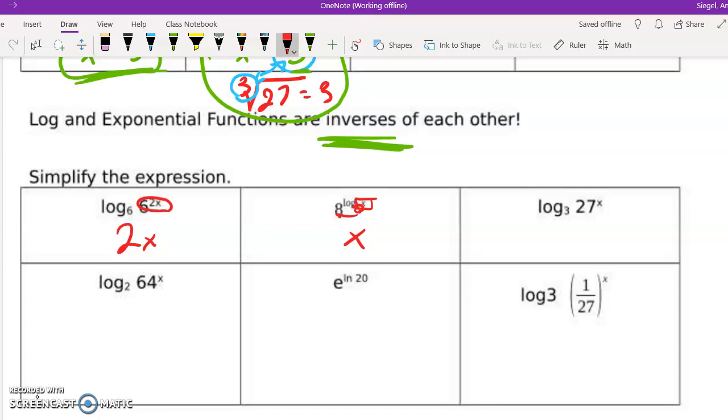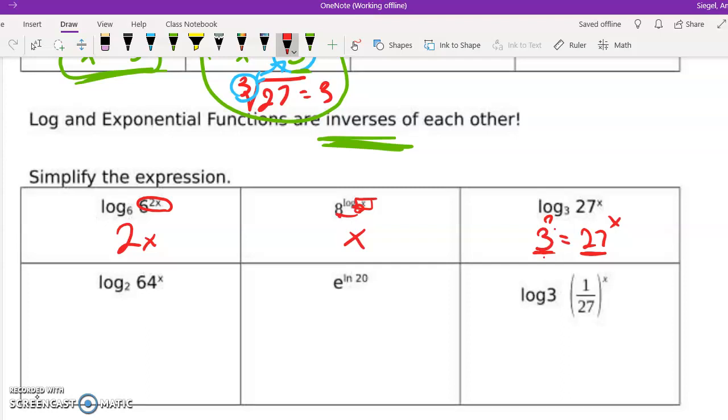Okay, I want to look at this one a little bit differently. I have 3 to some power equals 27 to the x power. What if I kept these the same base? 3 to what power equals 27?